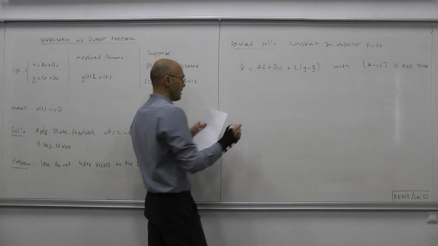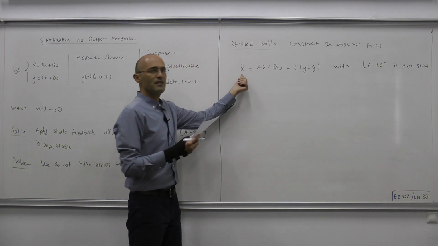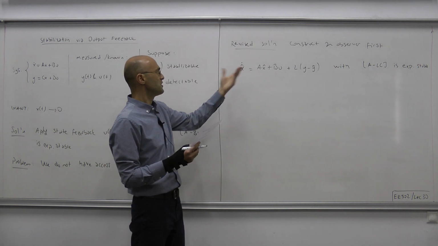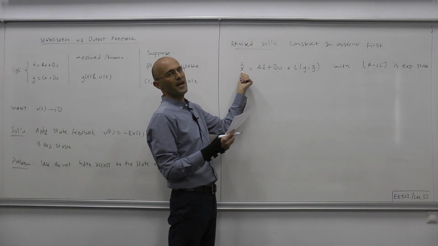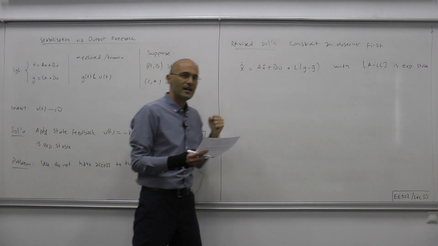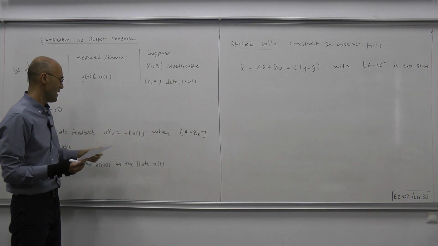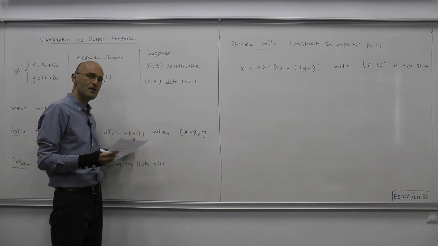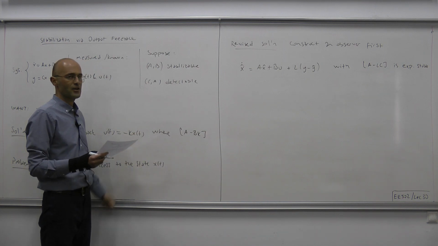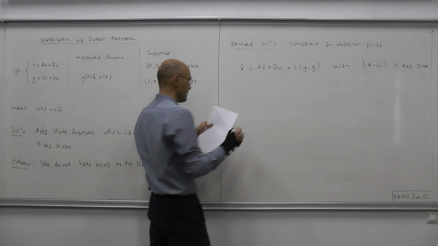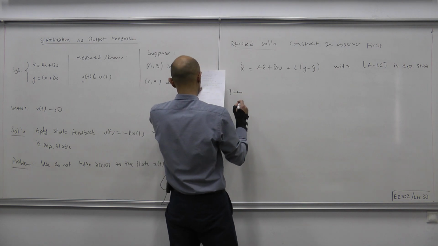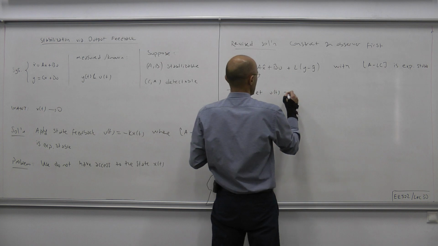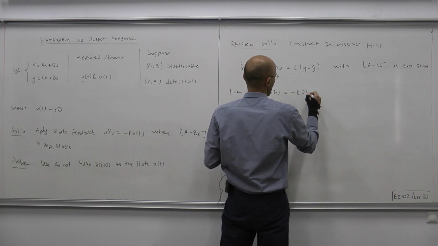So construct this observer running in our computer, which produces the estimate x hat, and we take that estimate and construct our control signal with it instead of the actual state. So then let u of t equal minus K x hat of t.